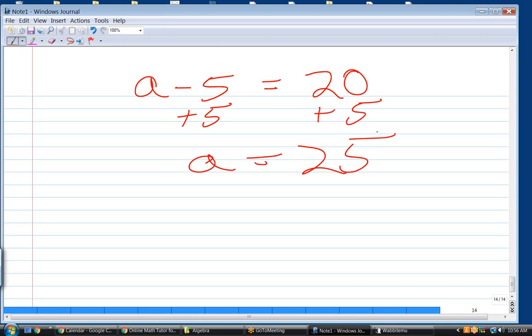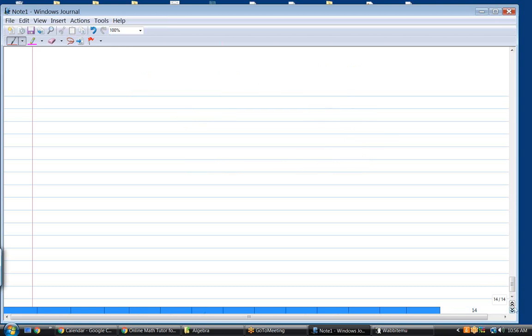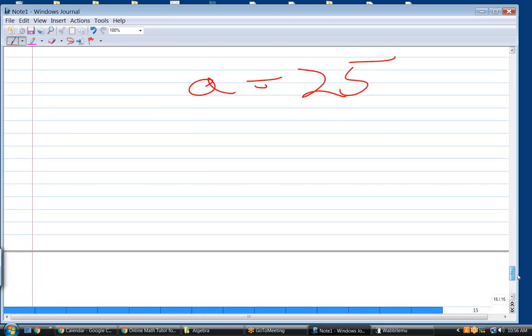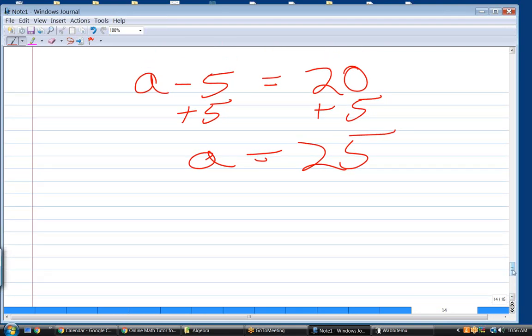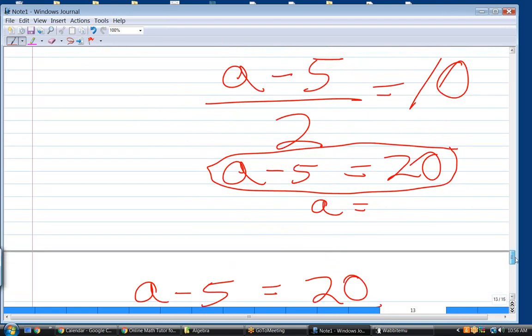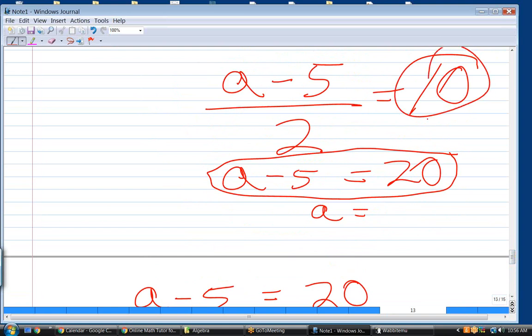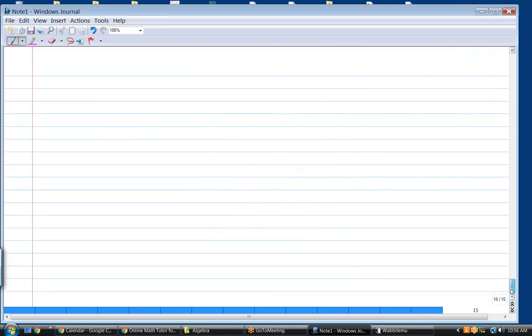And then we divide it by 2? No, we solve for it. They told us the average was 10. But the question was solve for A. So we did divide by 2, but in our original equation.